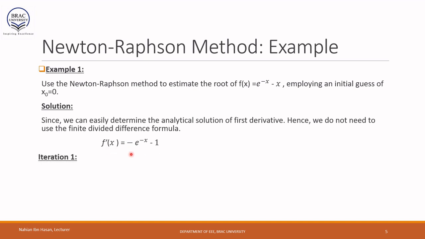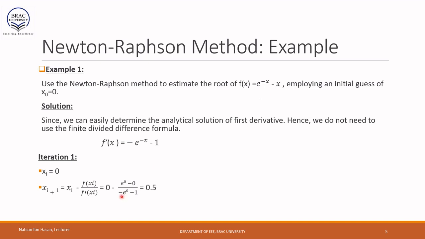So in iteration 1, we are given the initial approximation of the root, which is xi equal to 0. We are going to find the next iteration using the Newton-Raphson formula, which is xi minus f of xi divided by f prime of xi. Xi is 0. F of xi, that means f of 0, is found by replacing the x value with 0 in this equation, that means e to the power minus 0 minus 0.